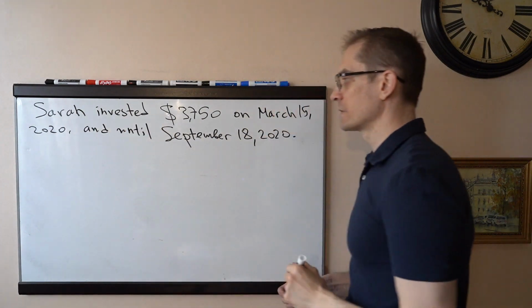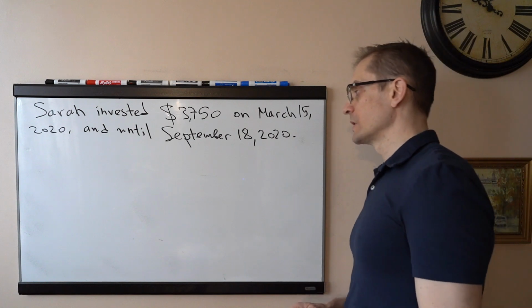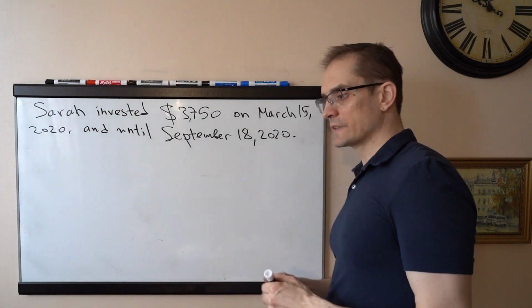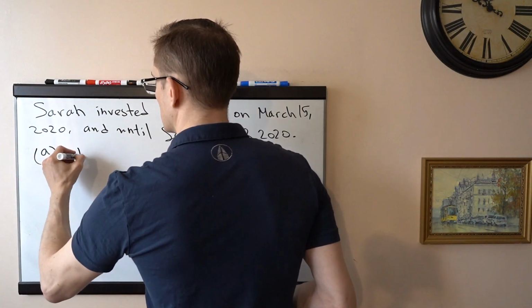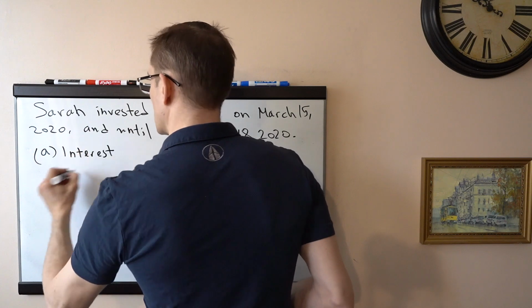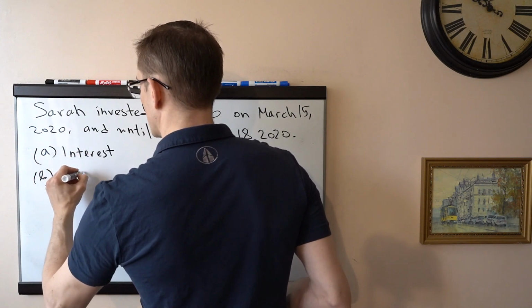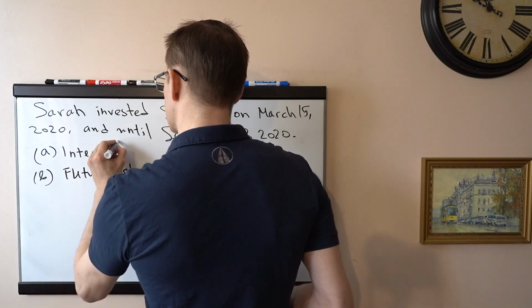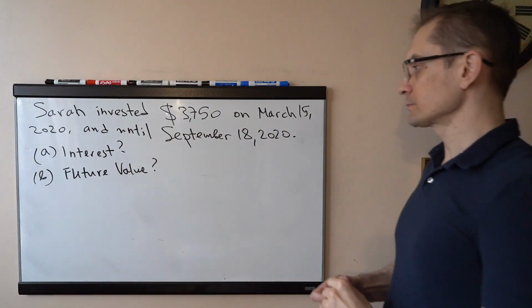So Sarah invested $3,750 on March 15, 2020, and until September 18, 2020. And again, we'll have the same questions. So first question is interest, and second question will be future value. We need to find interest and future value.